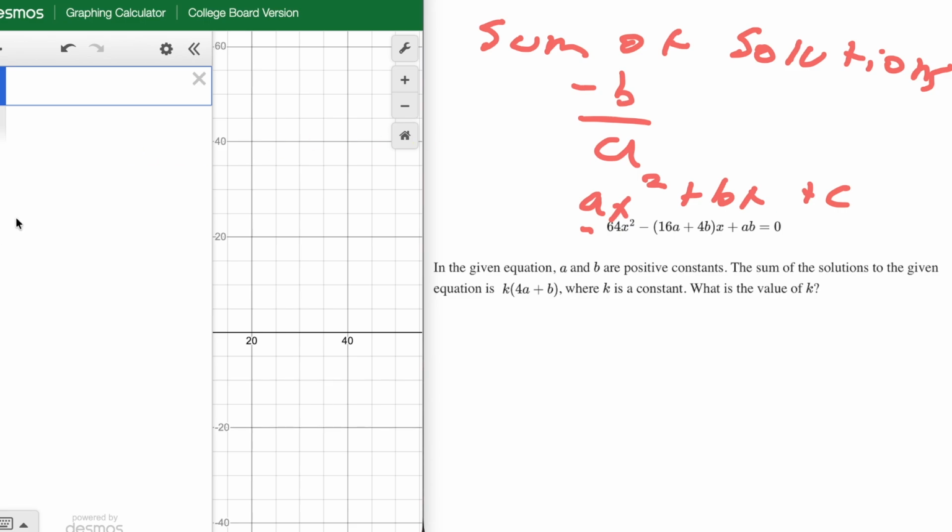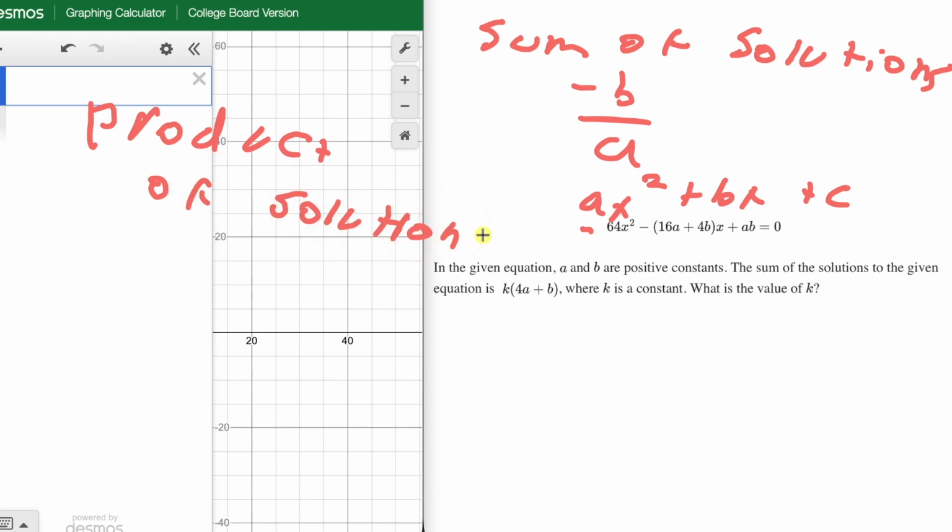There's also the product of solutions, and that is equal to c over a, which is this c right here and this a right here. And these are very useful in the SAT. A lot of difficult questions utilize these, but if you memorize these, it'll make the problems a lot easier.